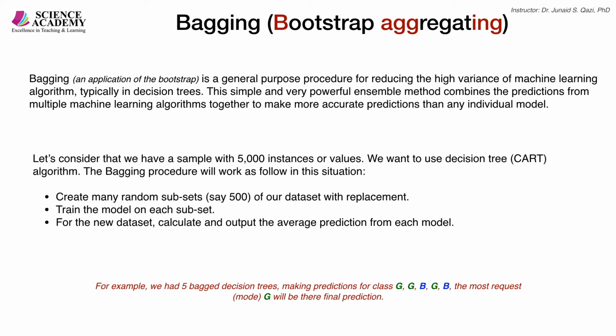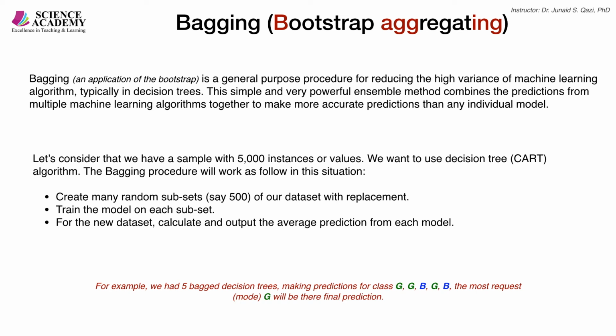Let's consider another example. We have a sample with 5,000 instances or values. We want to use the decision tree algorithm. The bagging procedure will work as follows in this situation. First, it will create many random subsets, say 500, 1000, or even more of our dataset with replacement.